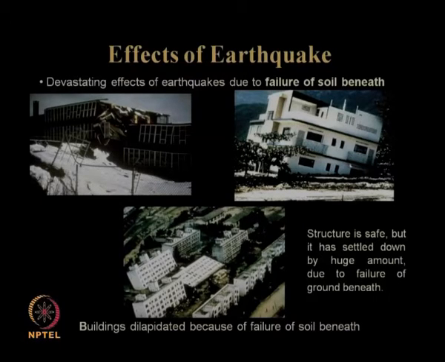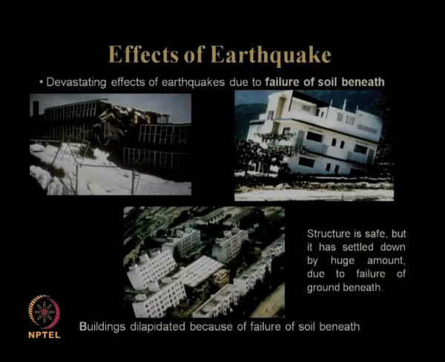This type of problem is related to our geotechnical earthquake engineering, because here the superstructure was designed properly, but not the foundation, considering the behavior of the soil during the earthquake. This is another picture of buildings which are dilapidated because of failure of the soil beneath.